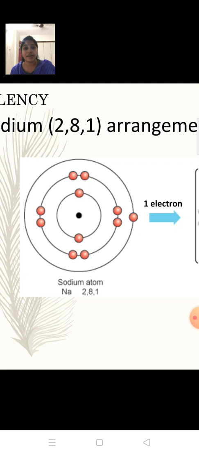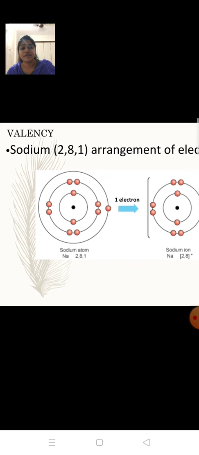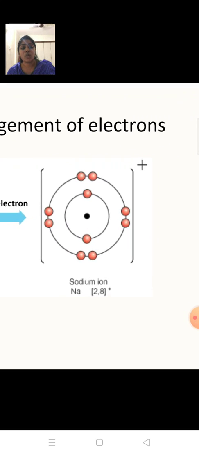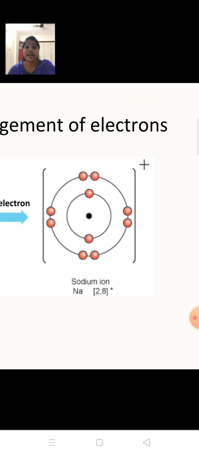But sodium can lose that 1 electron. If sodium loses that 1 electron, the last shell will have 8 electrons. So it will have 2 in the inner shell and 8 in the last shell, so it has achieved stability, or the octet state.